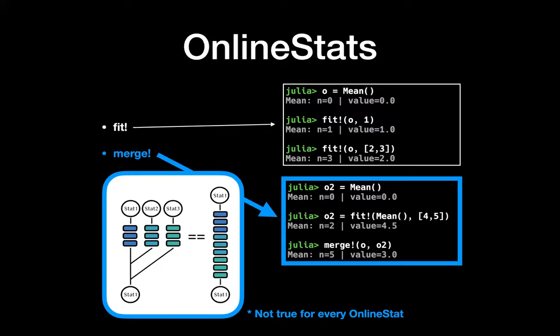In the example on the bottom left, if I have 3 means and I fit them on 3 chunks of data and merge them at the end, that's equivalent to only having 1 mean to begin with and fitting it on all the data sequentially. That isn't true for every online stat, because there are some things that are not analytically mergeable, or some things where an approximation is made during the merging, but for many things you can do this analytically equivalent.